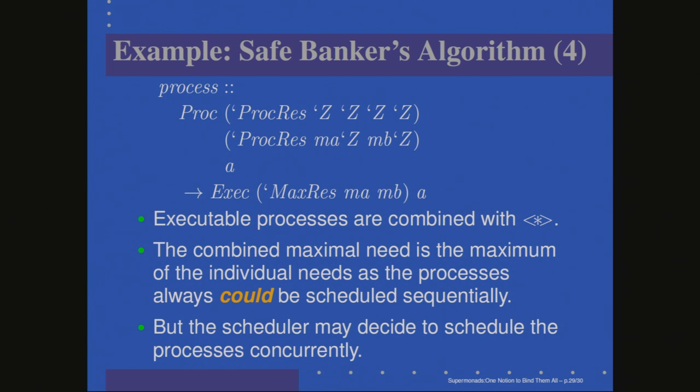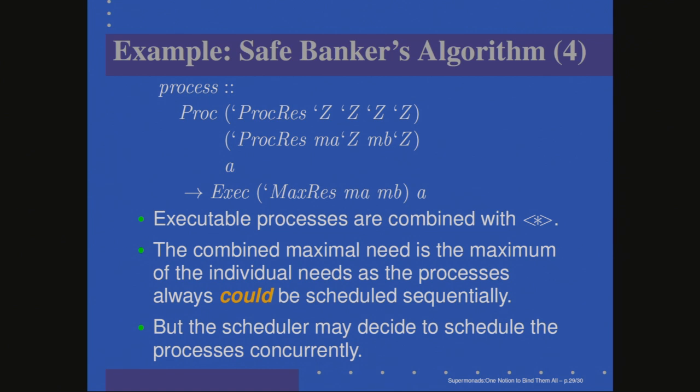And then, of course, the combined maximal need, when we do this, is just going to be the max of the two of the indices for the two combined processes, because we could always run them sequentially, right? And therefore, the max is the max of each individual one. And it's up to the scheduler to decide whether to run them sequentially or not, but at least we know statically that, if you just take the max of these, that is the max that we need to consider.